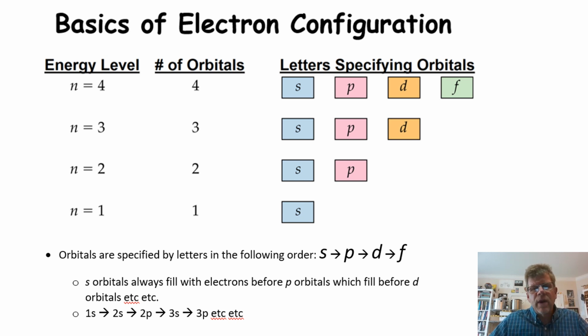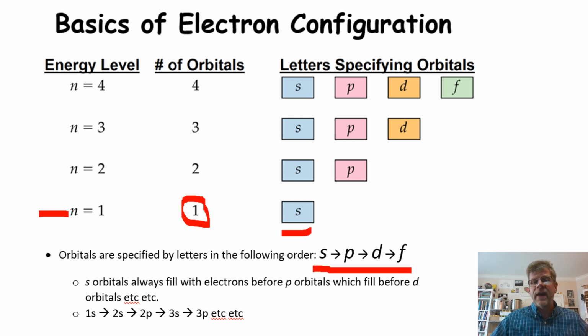Now, we know that orbitals always fill low to high. So n equals 1 fills first. Here we have n equals 1, which has only one orbital, and it must be an s orbital. Why? Because it always starts with s. We can't have a p orbital, which is the next one in that series, because we only have one orbital.